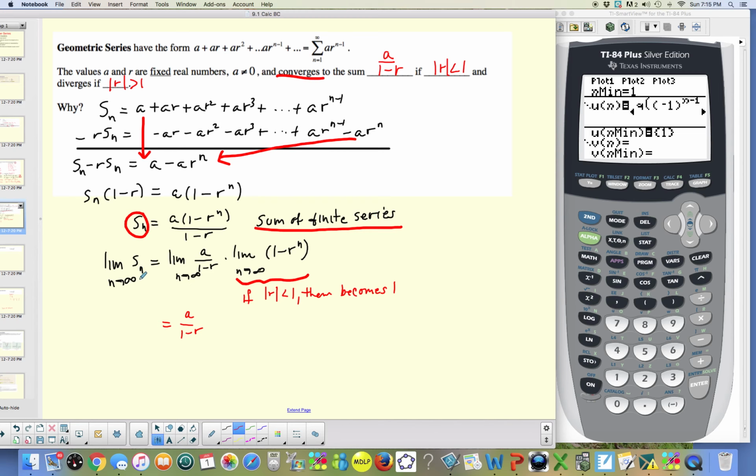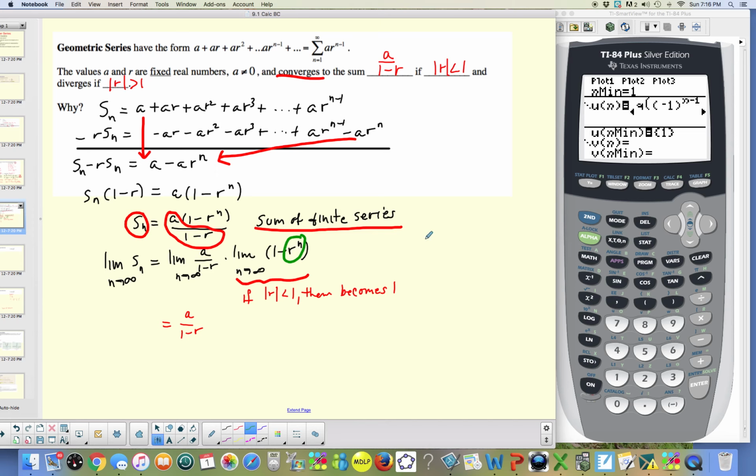Now I'm going to take a look at the limit of S of n as n approaches infinity. I'm going to take the limit of this factor times the limit of the remaining factor. Right here, this is the only factor that has n in it, so that's affected by n approaching infinity. The only way this is going to have a limit is if this part right here goes to 0. And it's going to go to 0 as long as the ratio is a fraction between 0 and 1.